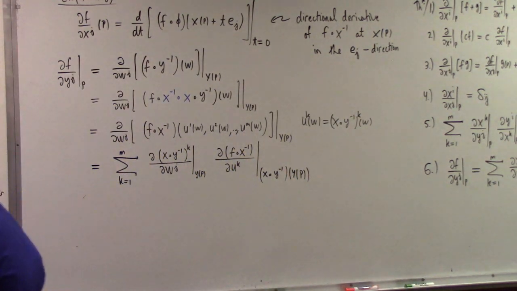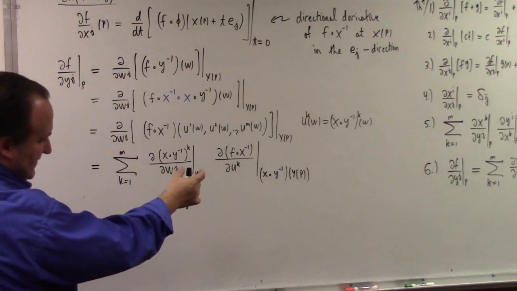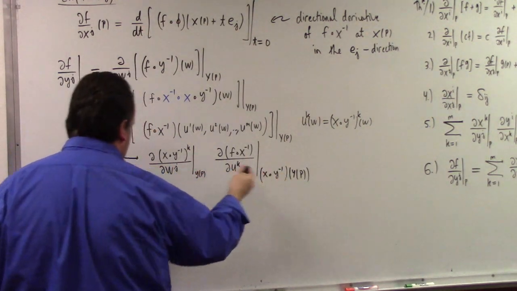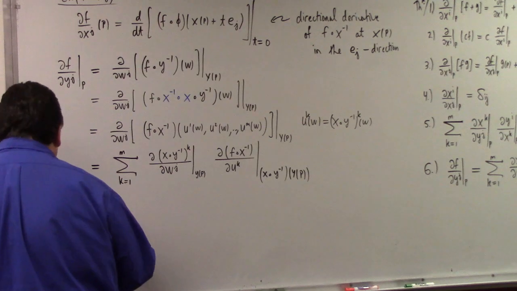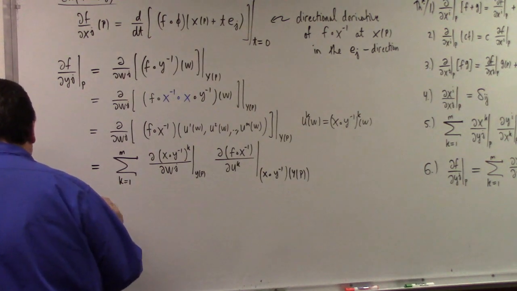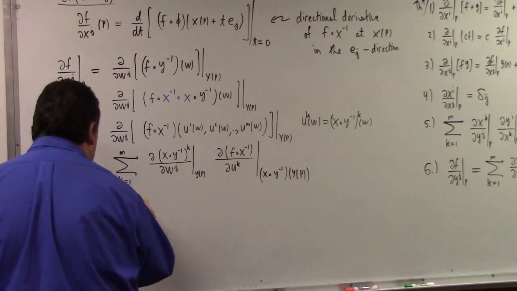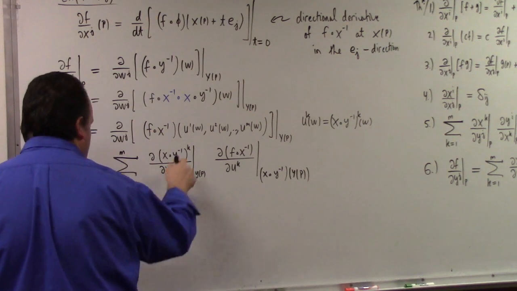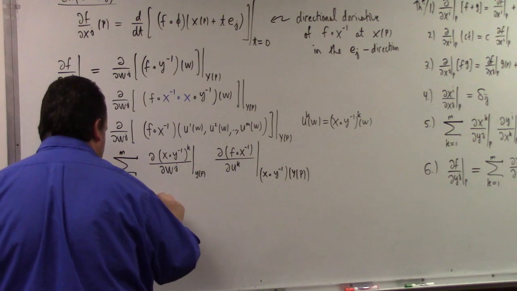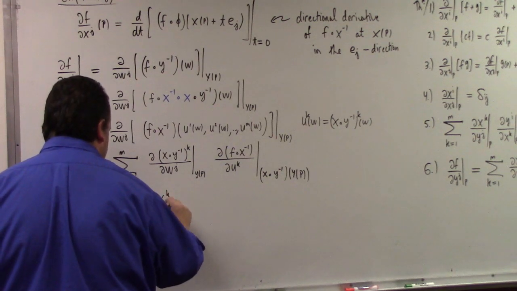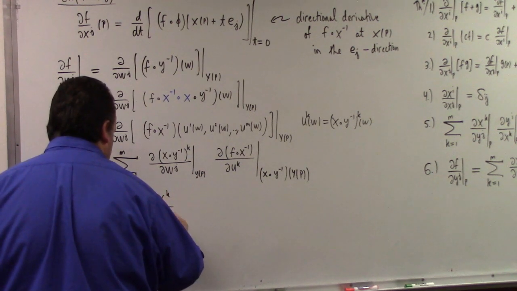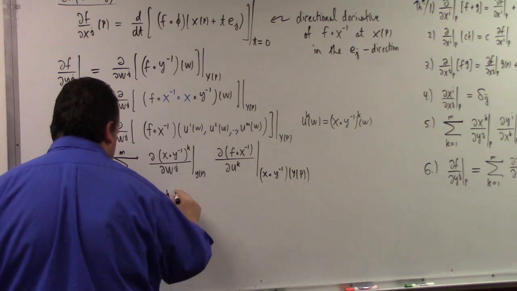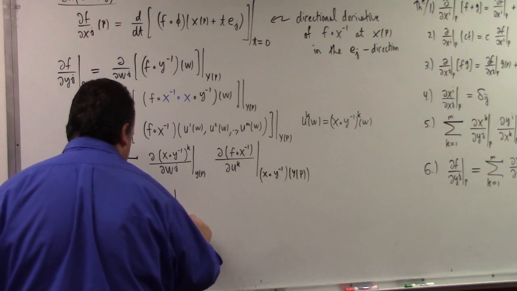All right, so then, of course, that simplifies down to x of p, right? And what we're looking at then is sum k equals 1 to m of partial x upper k, partial yj, evaluated at y of p.